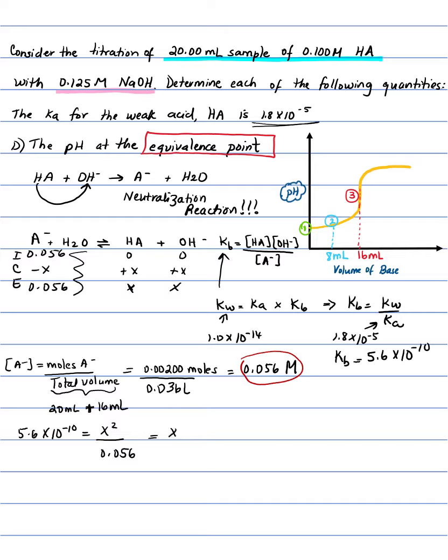So we can solve for x, which is going to be the square root of 5.6 times 10 to the minus 10 times 0.056.